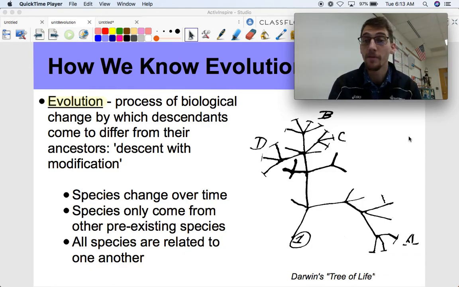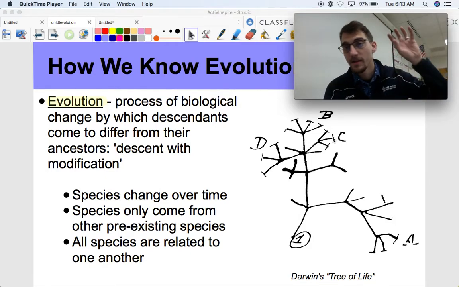Species only come from other pre-existing species, and all species are related to one another. That's where this tree of life comes in. Every single species is part of a branch of this tree of life. Just like branches come off of a tree, species come from other species. Where else have you seen a tree and branches? Well, you've heard of a family tree, right?